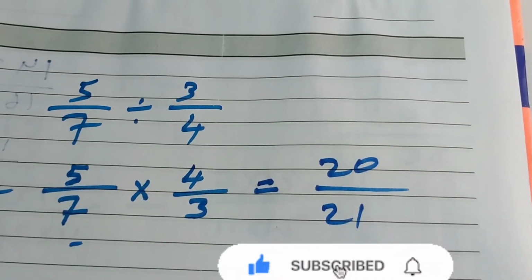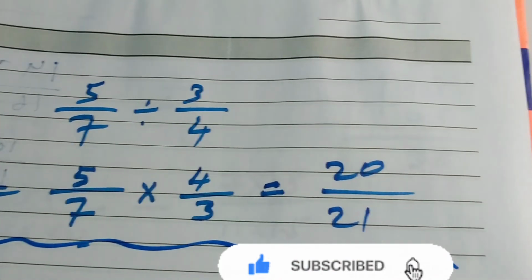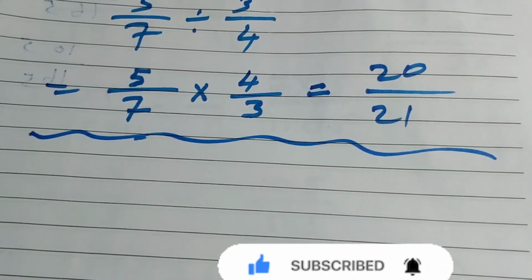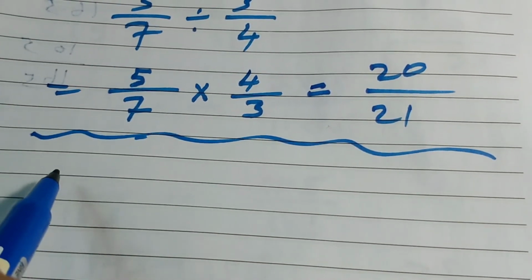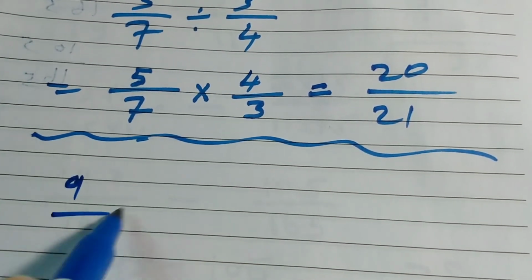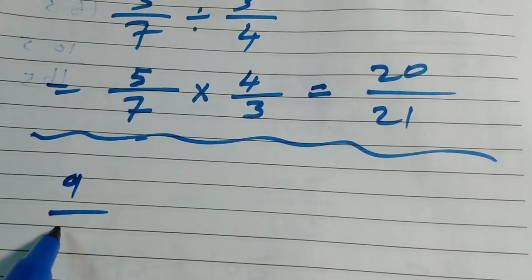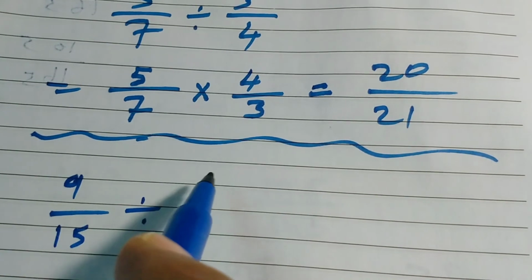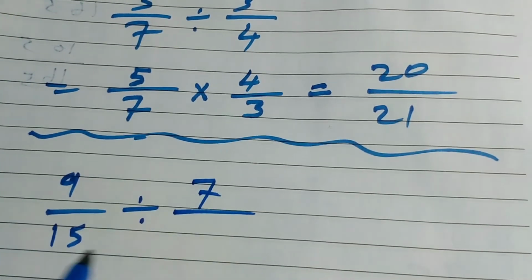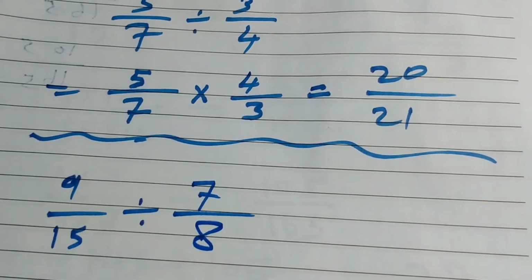Clear, my dear? Let's see one more question. It is 9 over 15 divide 7 over 8.